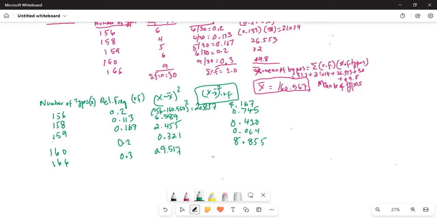So we are going to add the last column up. That is the sum of (x minus x bar) squared times relative frequency, the sum of the last column. I'll add all the entries in the last column. Did I do it correctly?